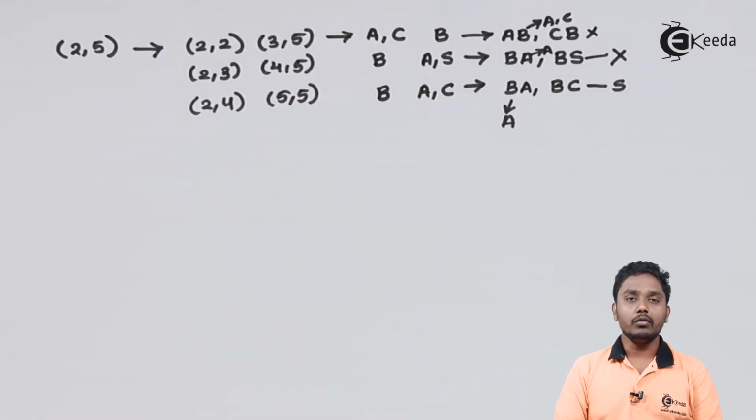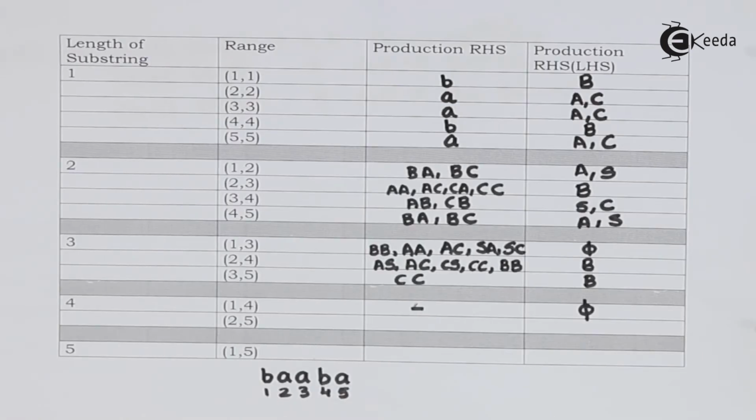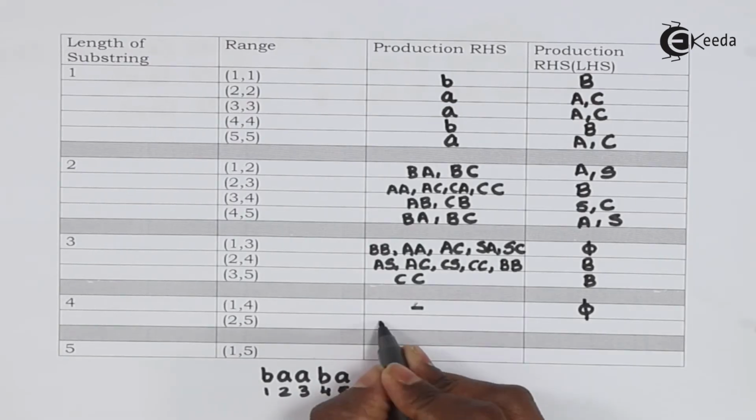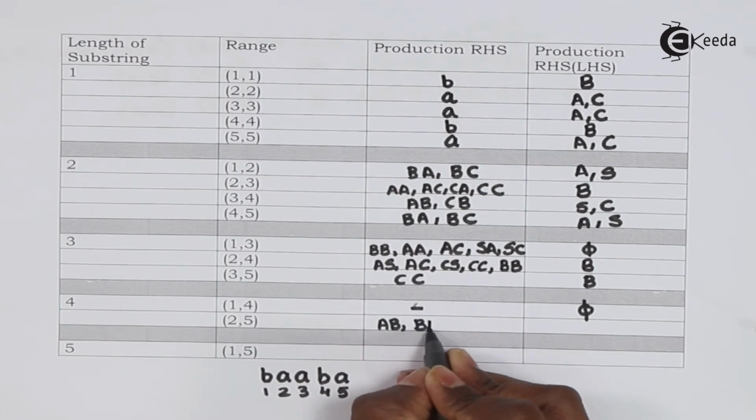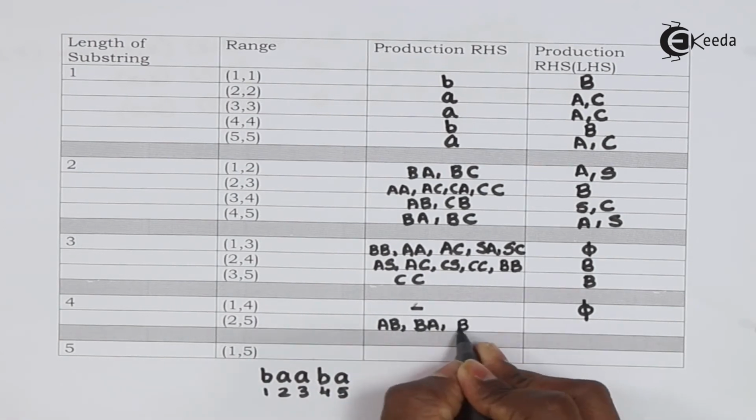Now, let us write down this information to a table. The possible RHS were AB and BC.